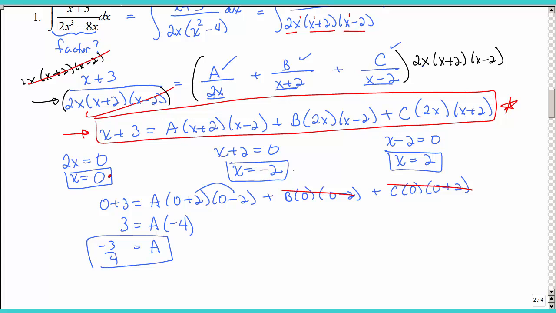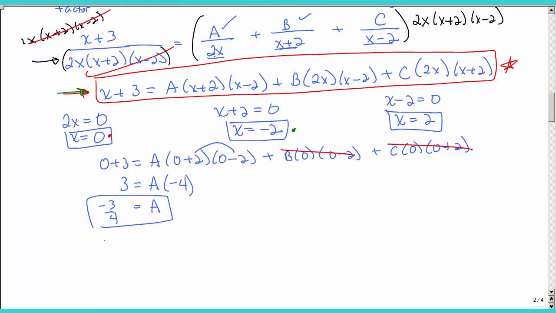Now I'm going to go through and put in negative 2. Again, going back to this equation, everywhere there is an x, I'm going to put in a negative 2. And hopefully, when you do this a few times, you're going to see that 2 of these are going to go to 0. Okay, so putting in negative 2, that's going to give me negative 4.